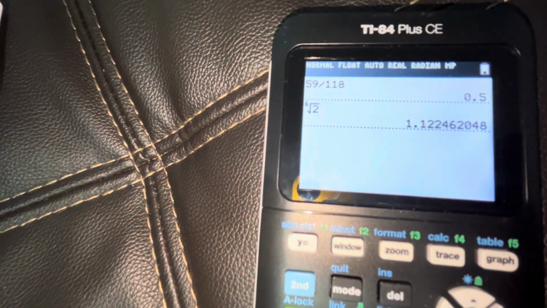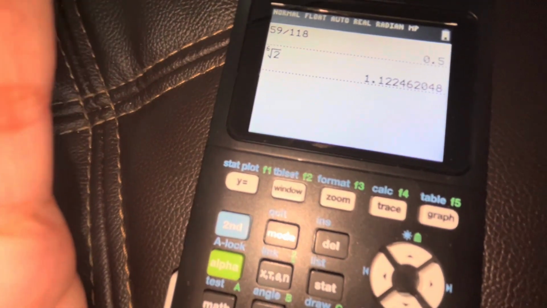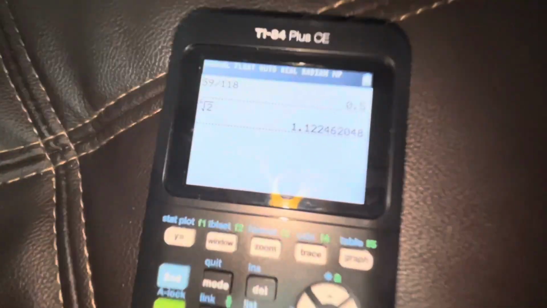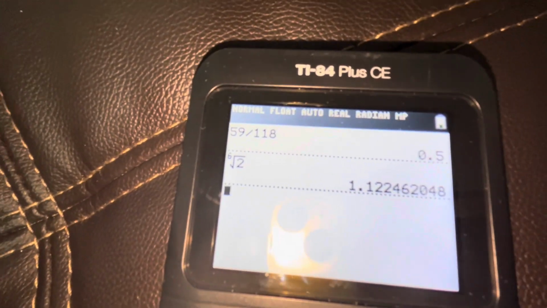Then you have 1.122462048. Therefore, b, you can round it to the third decimal, is 1.122.